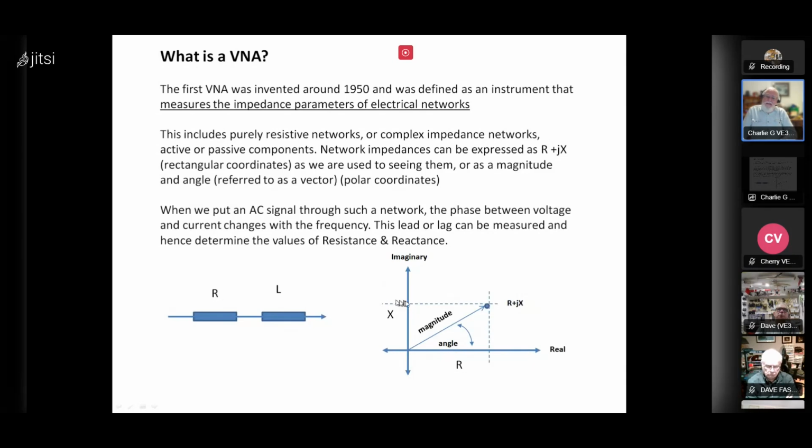In this particular case, it's inductive. So R plus jX would be defined by these two points where they cross the axes, or alternatively, it could be a magnitude of that vector, and then the angle theta is usually how it's referred to when you dig into this stuff. The example that we have here is a resistor and an inductor.